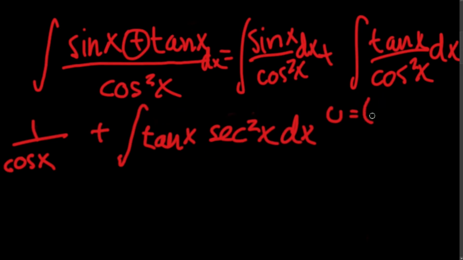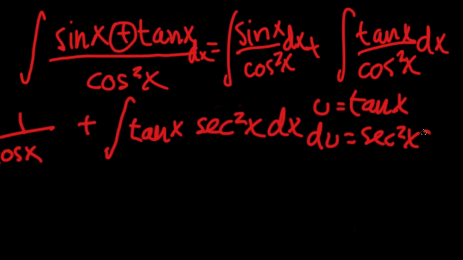You should remember this. If you just see a tan x and a secant squared x, you need to use u for tan x and the du as secant squared x dx. This is a standard derivative that you have to memorize. The derivative of tangent x is secant squared x, but we have this very simple u substitution, so now we can rewrite that integral as u du.